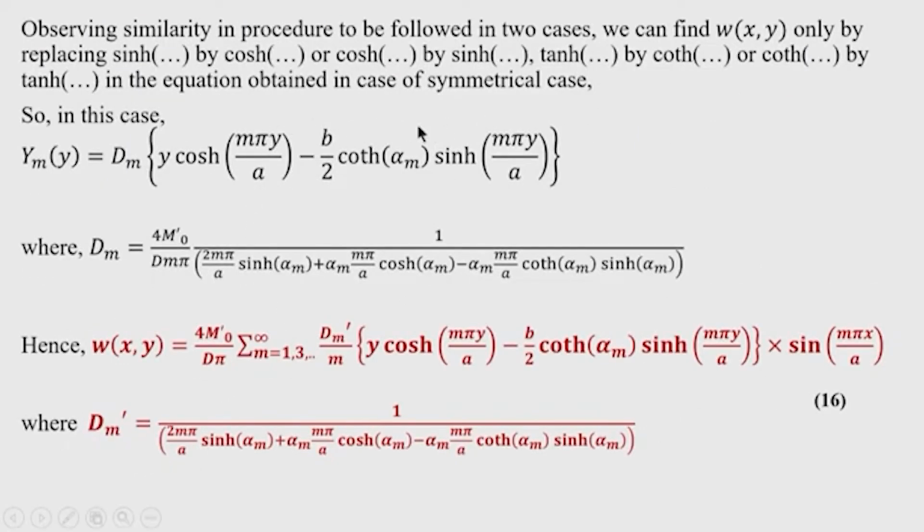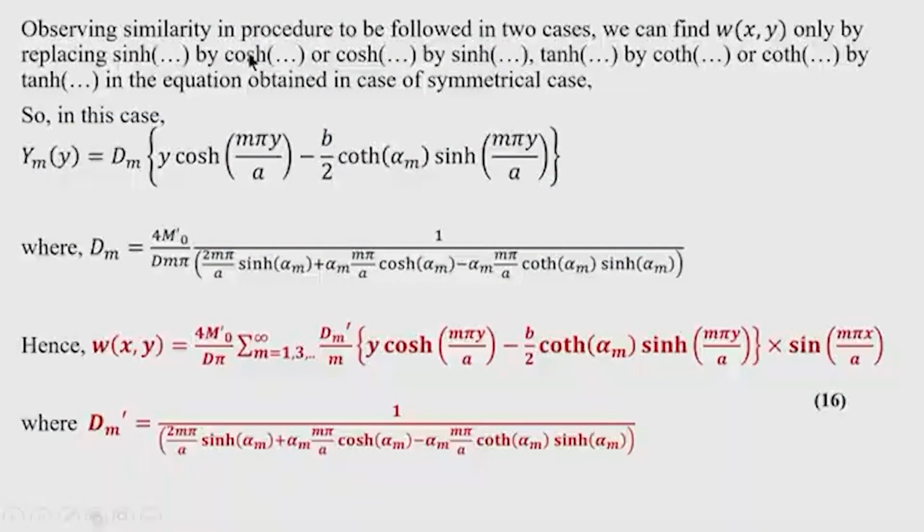So, keeping the antisymmetric terms, using the earlier results, we can write the deflection y m simply by replacing sin hyperbolic by cos hyperbolic, cos hyperbolic by sin hyperbolic, tan hyperbolic by cot hyperbolic, or cot hyperbolic by tan hyperbolic in the equation obtained in the symmetrical case, because the hyperbolic functions appear in the expression of y.